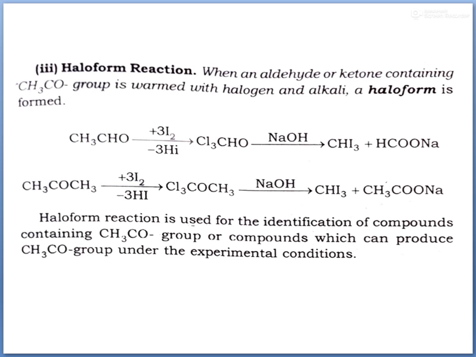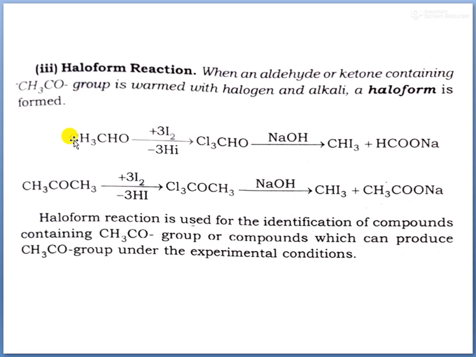And finally, we will learn about haloform reactions. In this reaction, an aldehyde or a ketone containing a CH3CO group is warmed with a halogen, here we can see iodine, in the presence of an alkali.